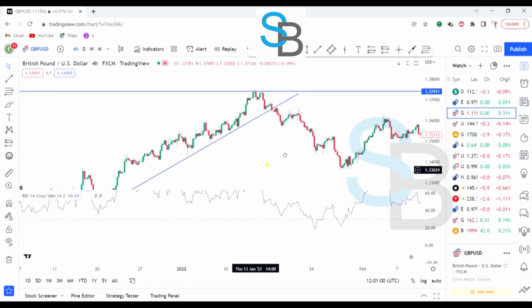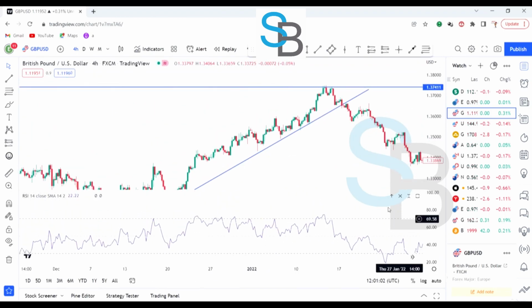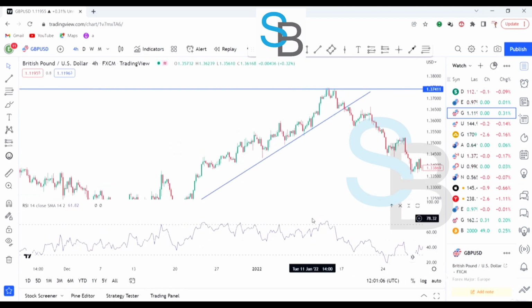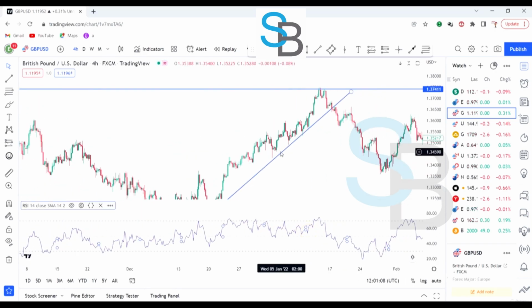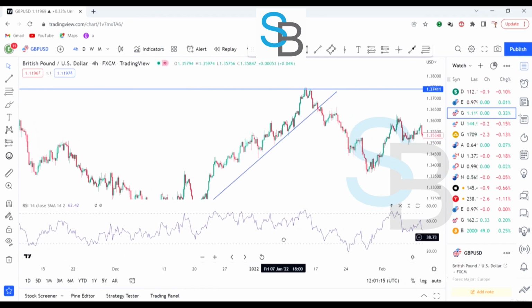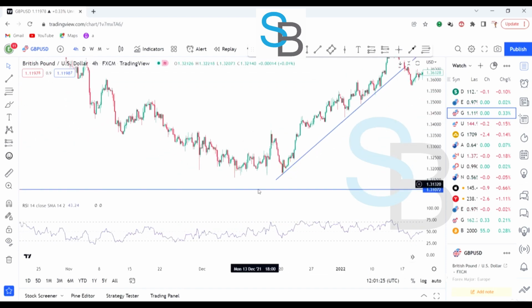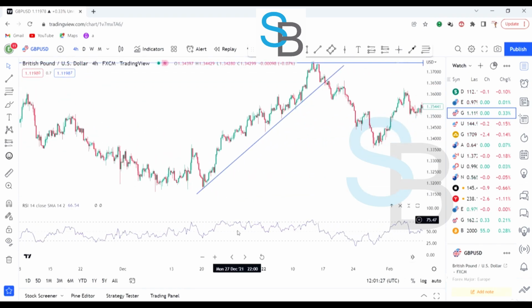You can learn more about how to use the indicator. You can see a perfect example here at points where the market really didn't go as low as 30, but it was just trading above 50. This tells us that the uptrend is very powerful and has a lot of momentum.